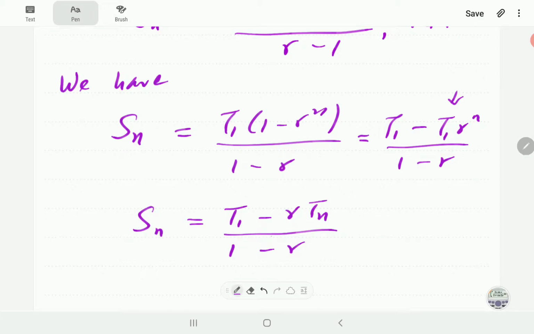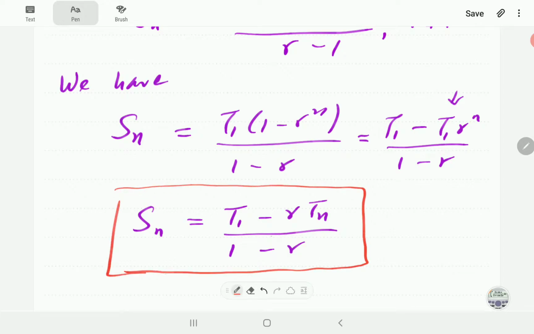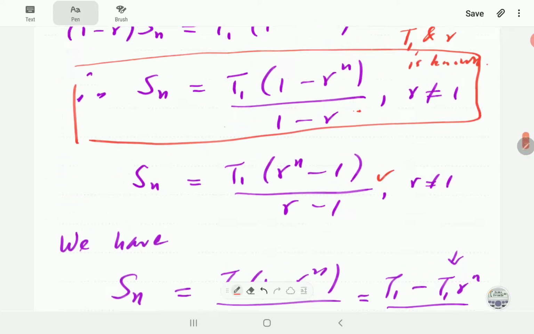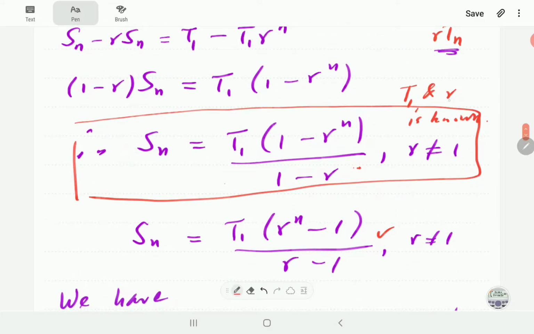So this is the other version of the summation formula for a GP. So this version involves the last term, the first term, and the ratio. So here, if we know T1, we know Tn, we know the ratio, then we can find the sum. In this case actually we need T1, r, and we also need to know the number of terms here.